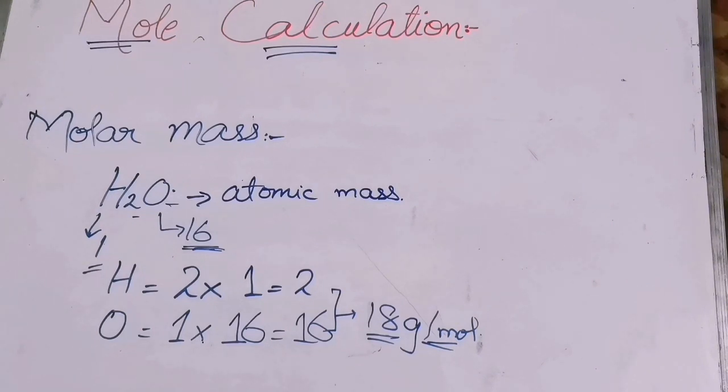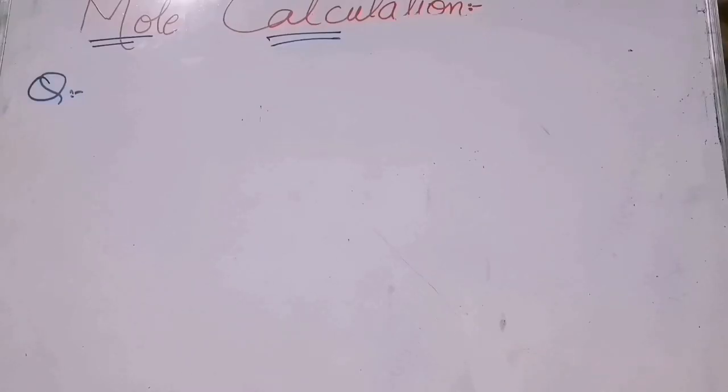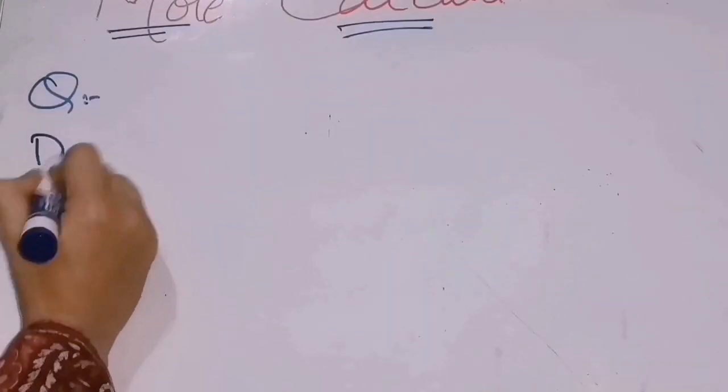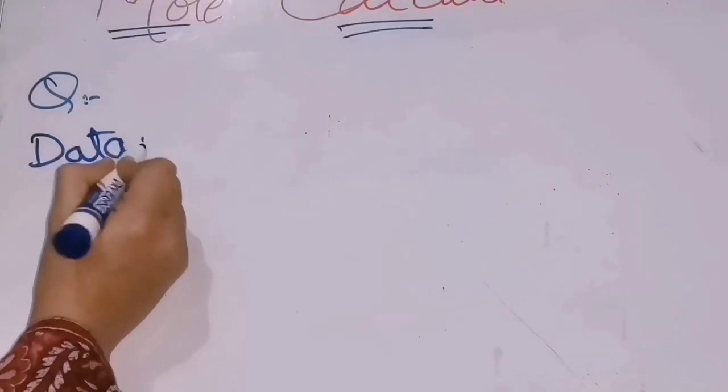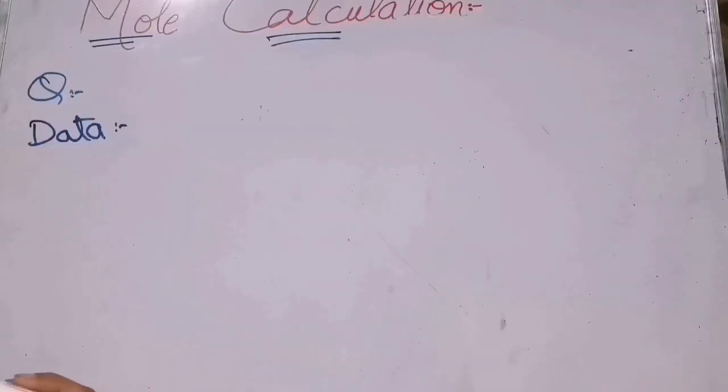Now before starting the mole calculations, I would like to tell you how you will attempt these numericals in your exams. First, you will write the question, then you will give the heading of data. Now in the question there will be one thing that is required, like you have to find the number of moles or the number of particles.